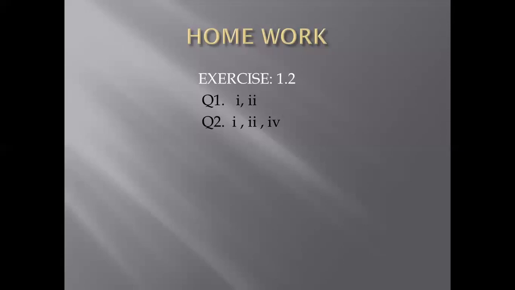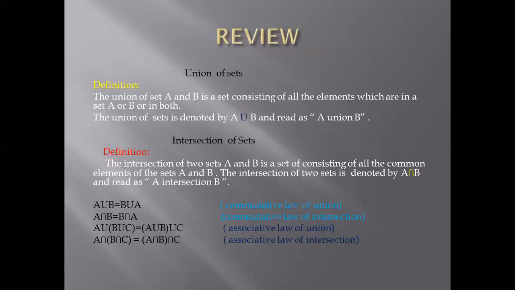Okay, now we have a quick review of today's topic. Today we learned the operations on sets, on two sets and also on three sets. First we did union of two sets. I told you union means to combine the elements. If we have two sets A and B, when we are finding the union, we write all the elements of A or B within one bracket.